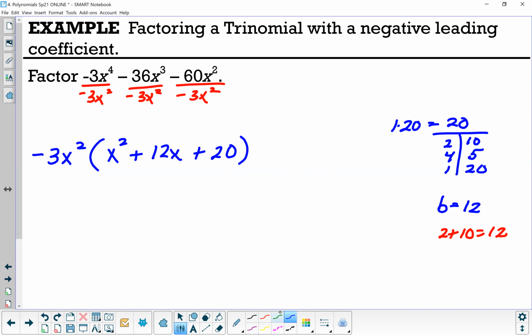Since A is equal to 1, I know I don't need to go any further in the AC method. I know how it's going to factor. Bring down my GCF, and then we have x plus 2 and x plus 10.